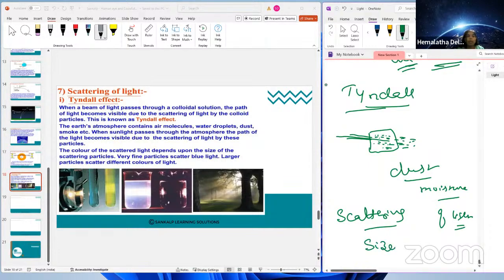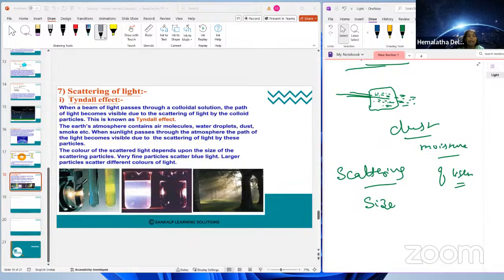Before, I told you, if the size of the scattering molecules matches, meaning almost equal, to the wavelength of the entering light, then only this type of scattering of light takes place. Otherwise, no. Everywhere scattering will not happen, right?